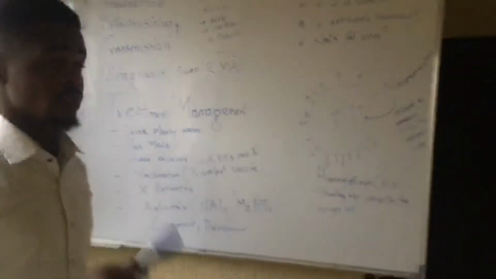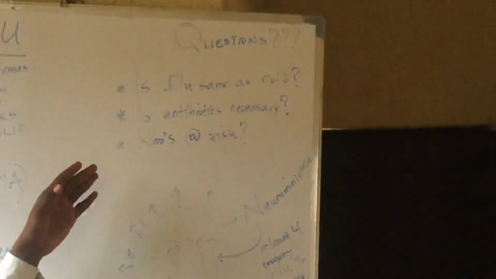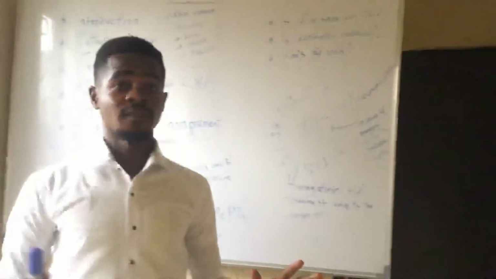I'll take some questions, and most of the regularly asked questions are like, is flu the same as cold? Yeah, people will ask that. Flu and cold are different things.